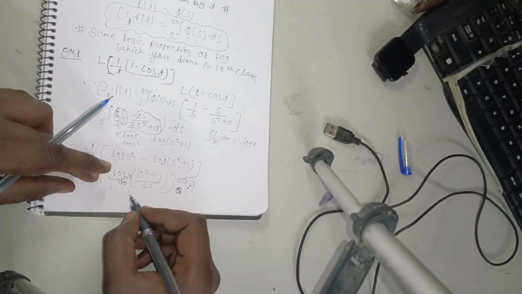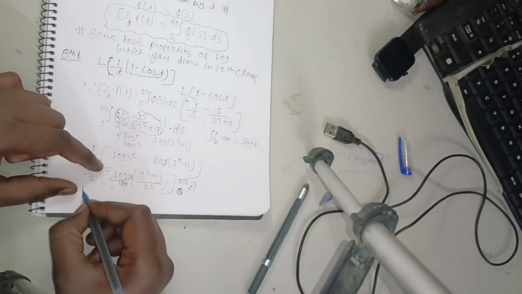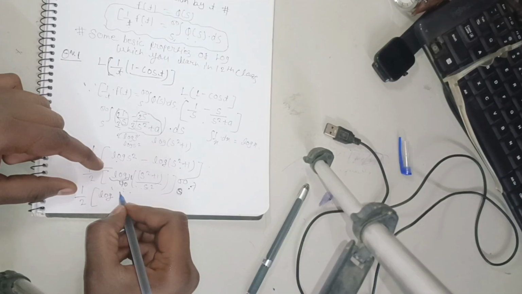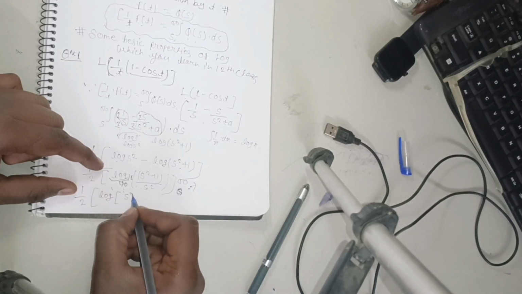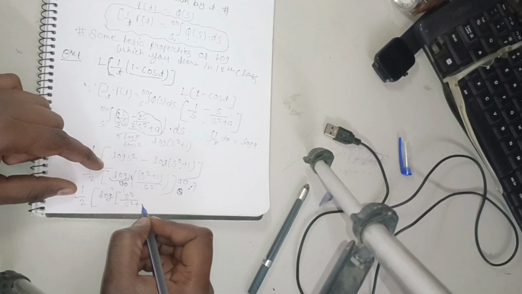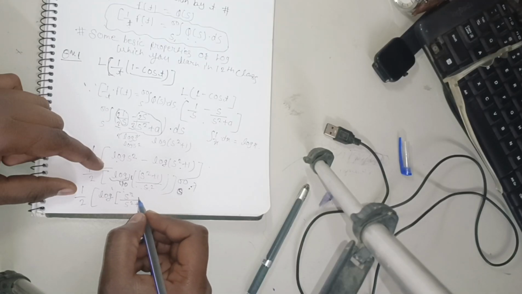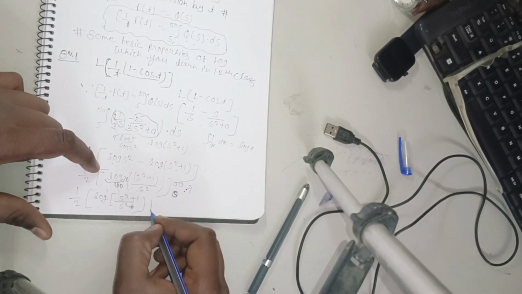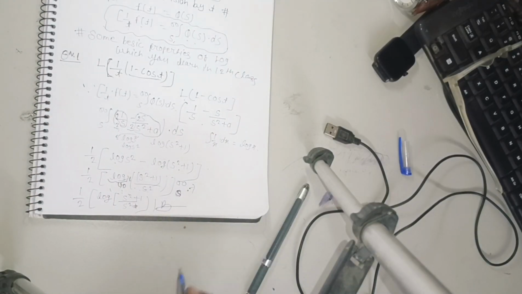So I'll put s, and what I will get is 1 upon 2 log of s square plus 1 upon s square. So this will be as it is. This is the answer.